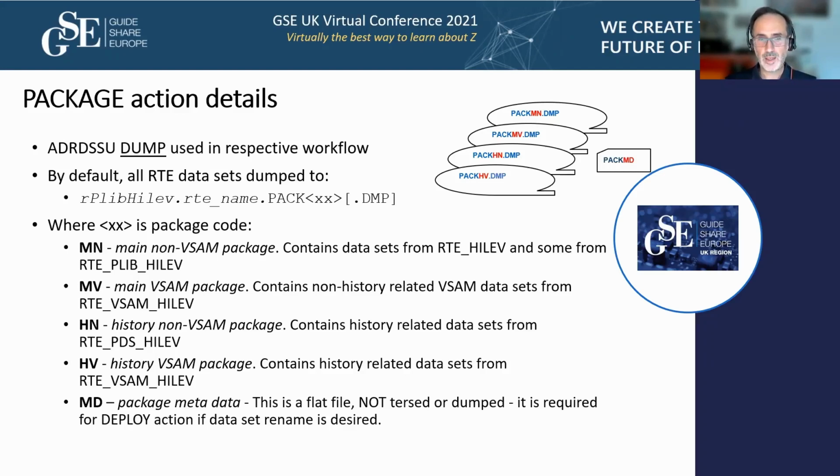One we call main packages, for VSAM and non-VSAM, and the other part is about history files, which are VSAM and non-VSAM. So when you run the package action, we will produce those 4 dump files along with the metadata file, which is in charge of mapping your local to target high-level qualifiers if you decided to use this option.